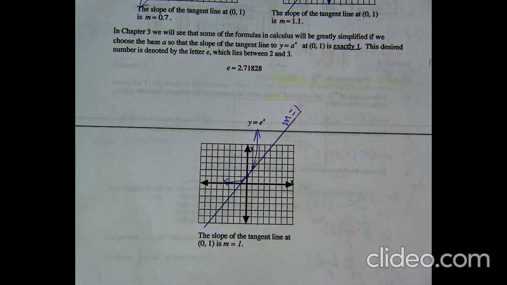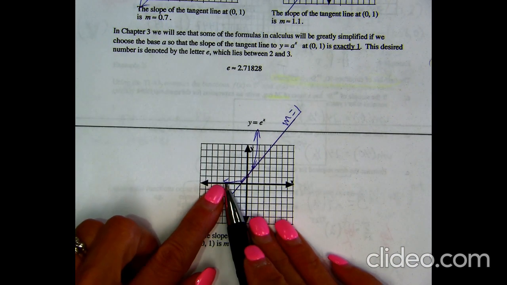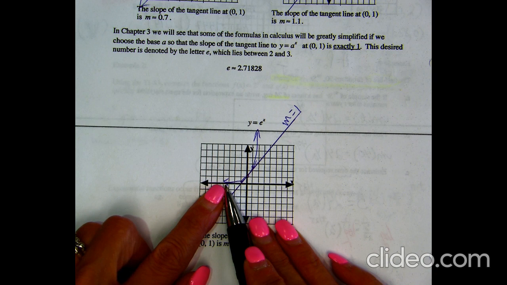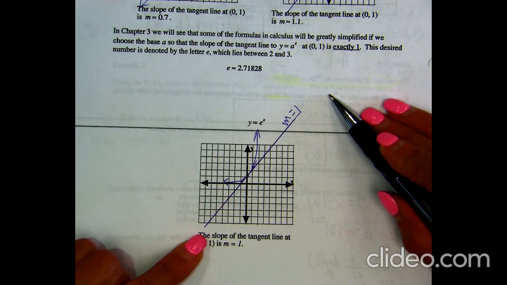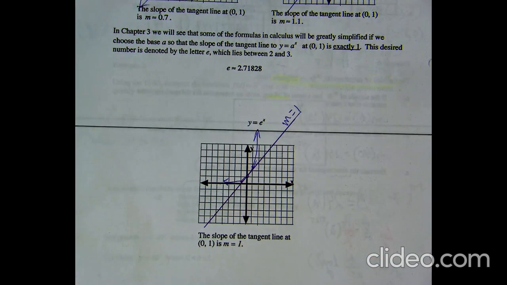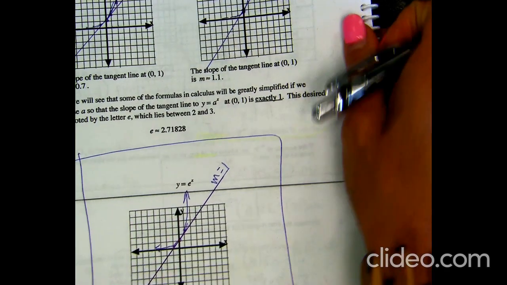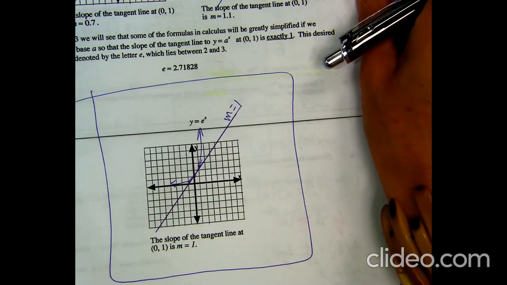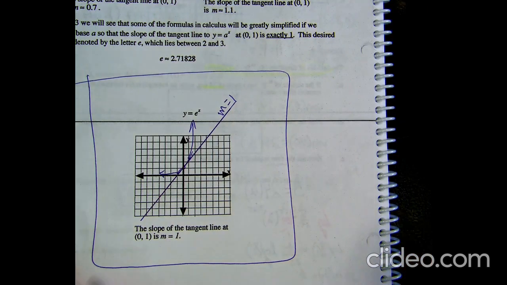In calculus, we're going to look at the number e as being the base of the exponential that will give you a slope of a tangent line of 1 at the point (0, 1). It's going to come up frequently. You need to know all the details of it.